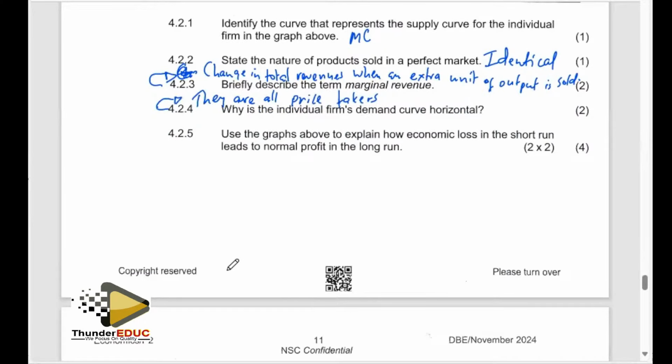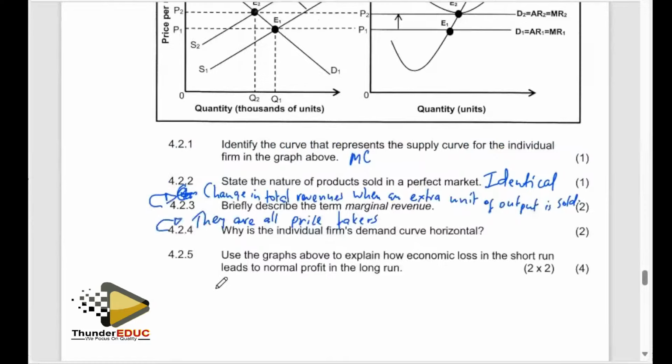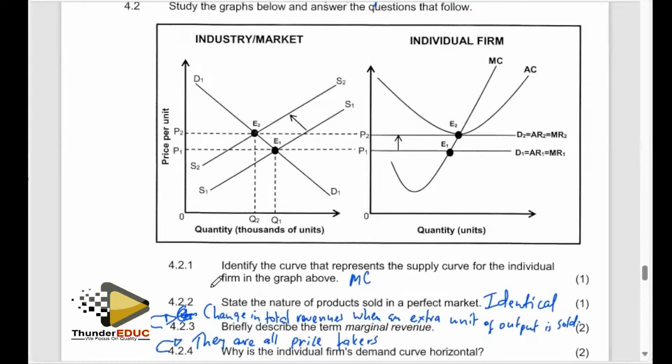So now let's move on to 4.5. Use the graphs above to explain how economic loss in the short run leads to normal profit in the long run. Okay, right. So now if you check MC, which is a marginal cost, represent the short run marginal cost of individual producer. So the short run average cost of the individual producer is represented by AC. So at their profit maximization point, the AC for the individual producer is actually P2.